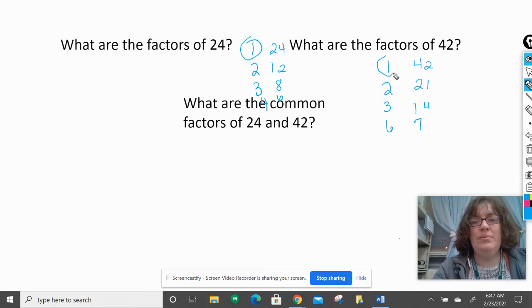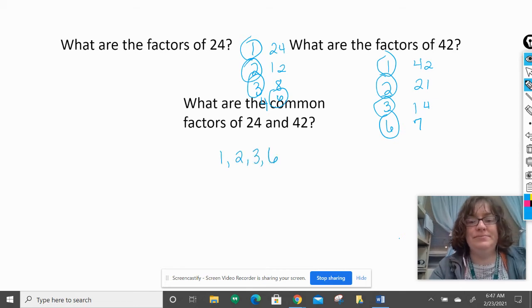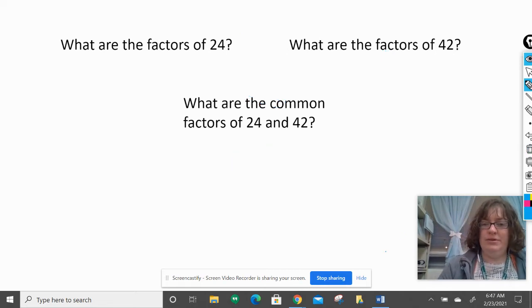So I see 1 on both lists, I see 2 on both lists, I see 3 on both lists, 6 is on both lists, 7 and 4 and 8 are not, 14, 21, 42. So it looks like the common factors would be 1, 2, 3, and 6. So that's the basic idea of what we're going to be looking at as we begin to try to factor our polynomials.